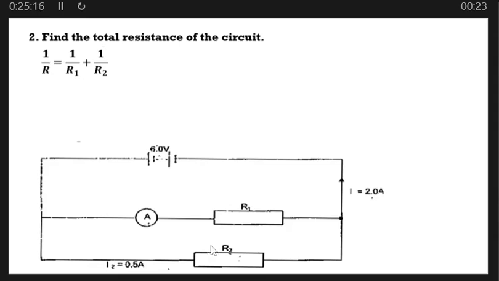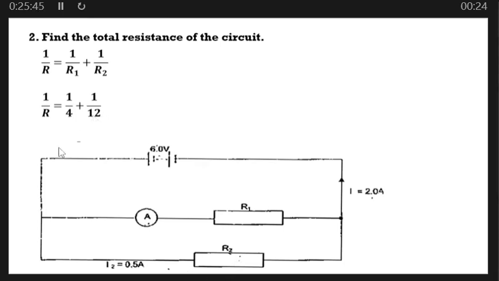So we have found out that R1 is actually 4 ohms, and this one we found as 12. So what we are going to do is to substitute. R1 is 4, then R2 was 12.